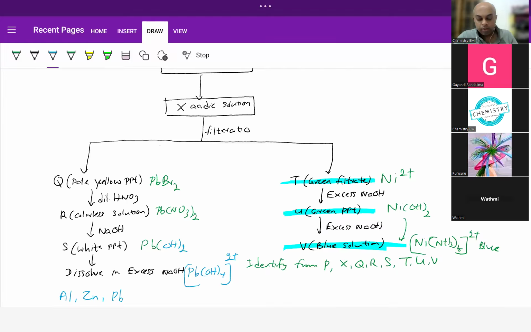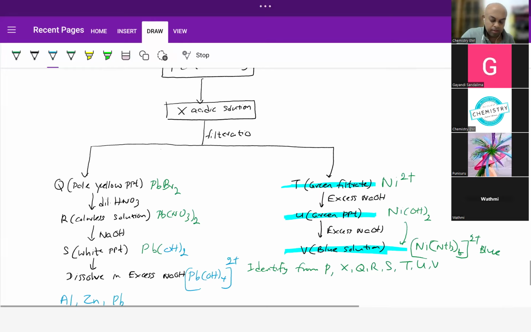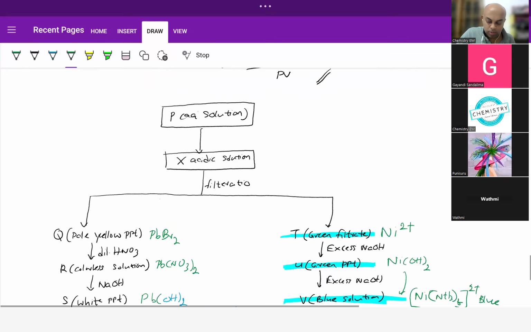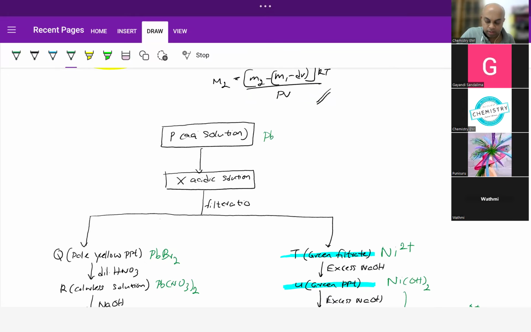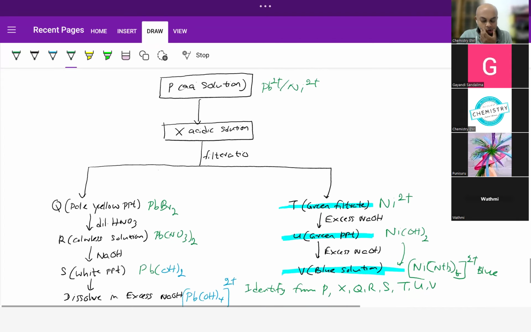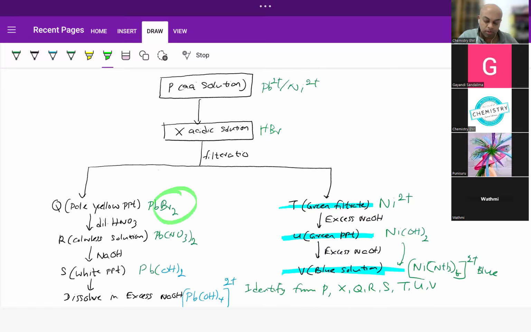Then in P, we have Pb2+ and Ni2+, and this precipitate is Br. So it's an acidic solution. Then you can say it is HBr, or HBrO4, something like that. Anything that has bromine, because with the acidification, it is creating Br2. So it should be coming from the acidic solution.